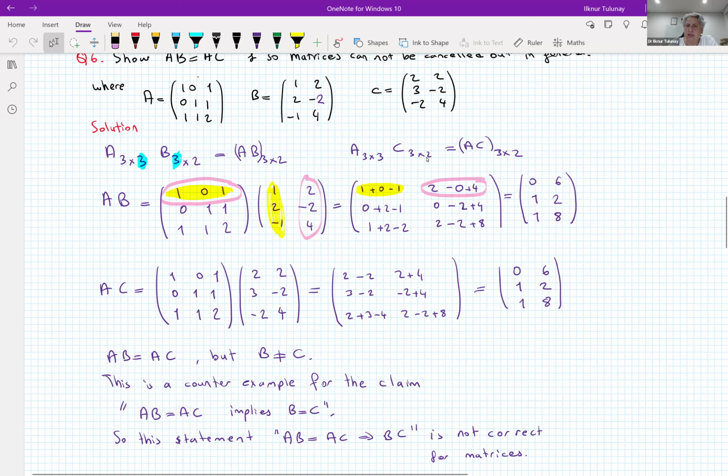It's the same thing for C because they are the same size. So it is always a good idea to check the sizes of the matrices before you start multiplying.